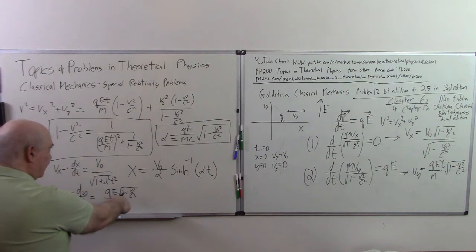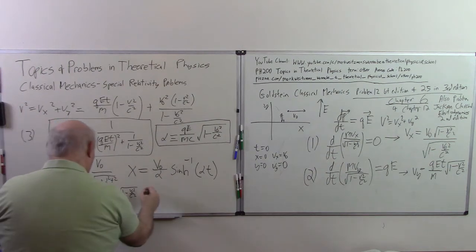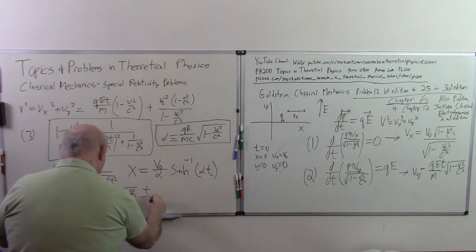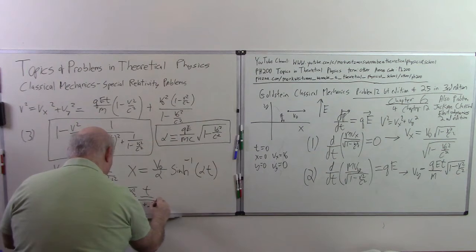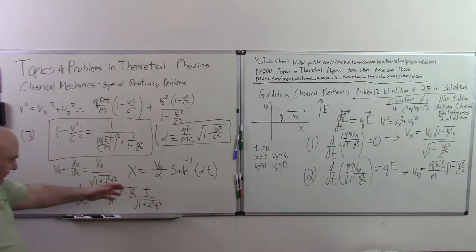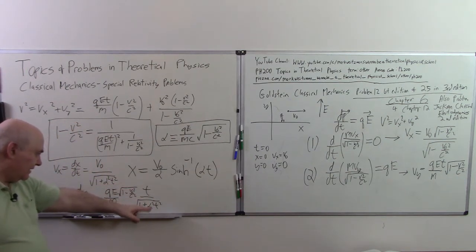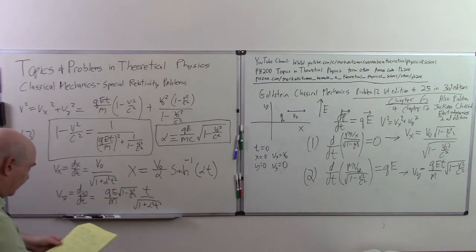So this is just alpha C actually, times t over the square root of 1 plus alpha squared t squared. Like I said, this is even easier to integrate because you've got the t squared in the denominator and a nice t in the numerator.